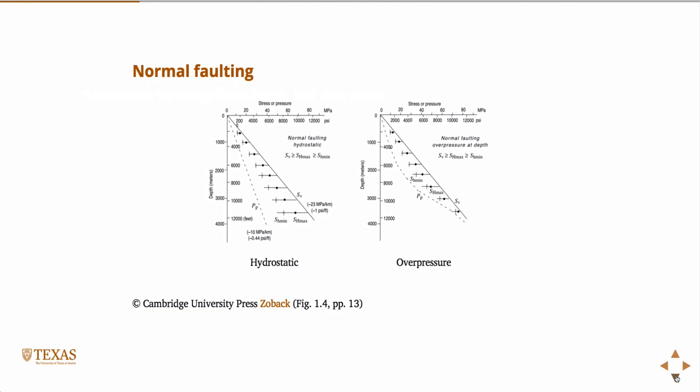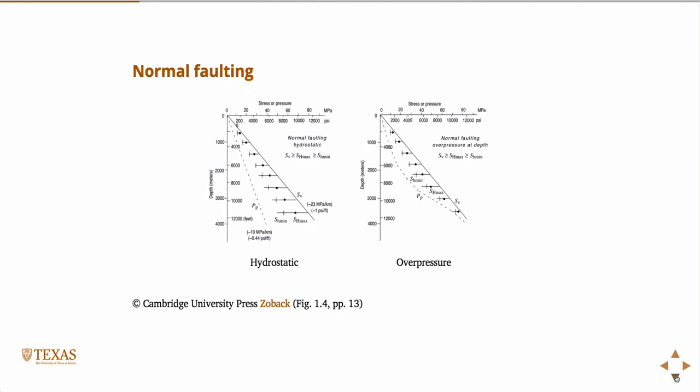So we can integrate the density logs, or we also have some rules of thumb, right? How does vertical stress increase with depth in terms of PSI per foot? 1 PSI per foot. Right? It's easy, 1 PSI per foot. So essentially this line is drawn just like that, 1 PSI per foot.